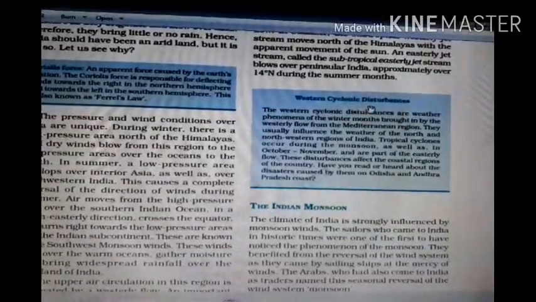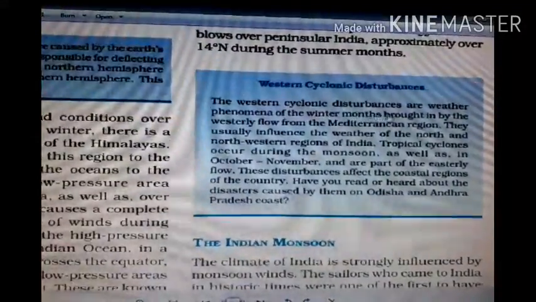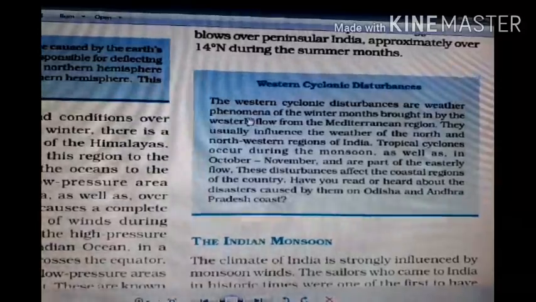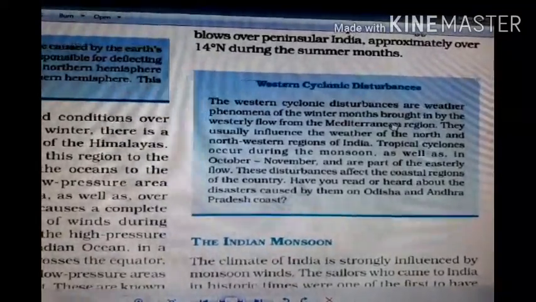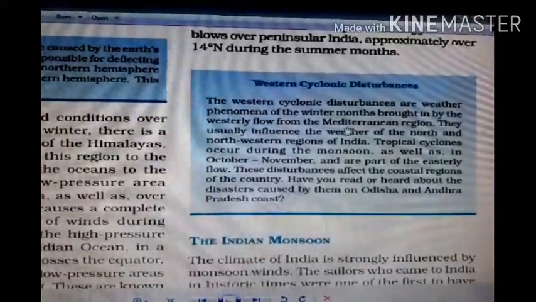Western cyclonic disturbances. Now, what are these disturbances? The western cyclonic disturbances are weather phenomena. It is a day-to-day change phenomenon of the winter months brought in by the westerly flow from the Mediterranean region.